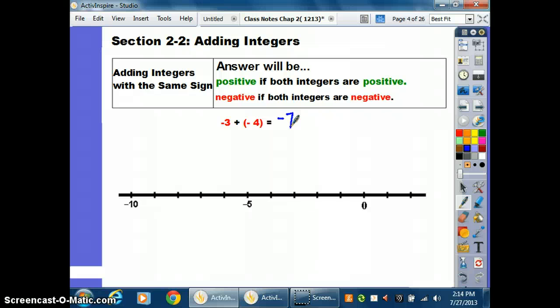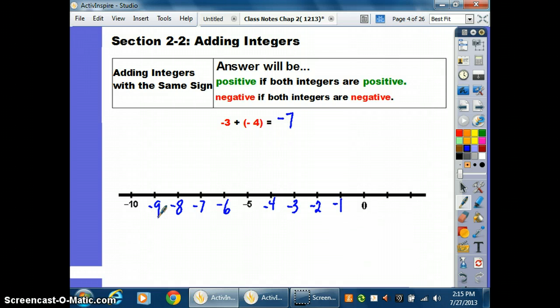All right, let's fill in our number line and show this on a number line. If this is 0, this would be negative 1, then negative 2, negative 3, negative 4, negative 5, negative 6, negative 7, negative 8, and negative 9.